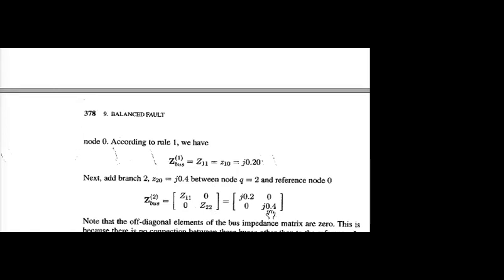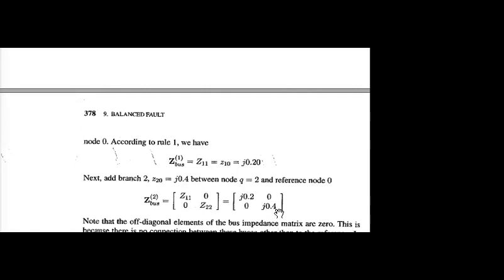The value of z20 is 0.4 because Q is now 2 for the second branch. For the second branch, what is the node connection? Z20: in between node 2 and 0 we have that impedance. That's why Z20, that means Q will be 2 and node 0.